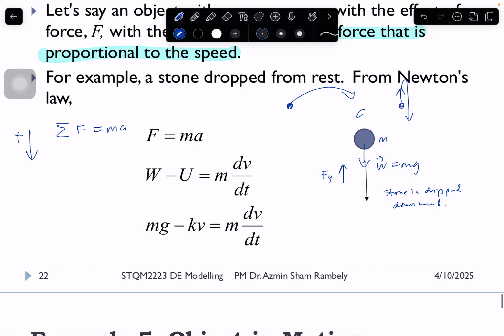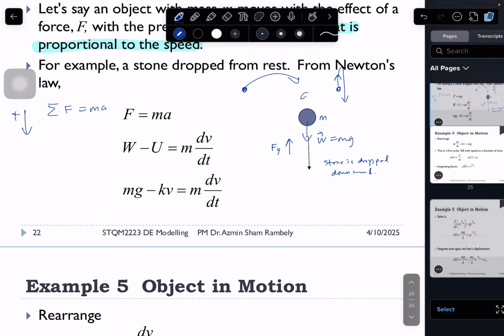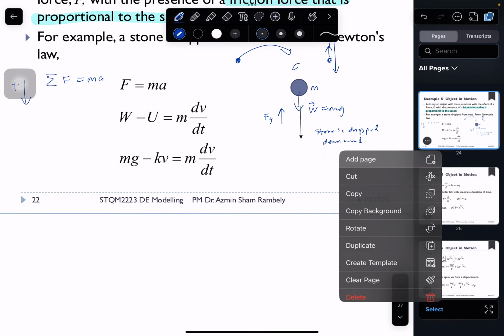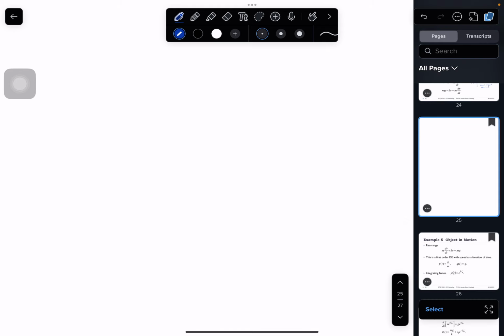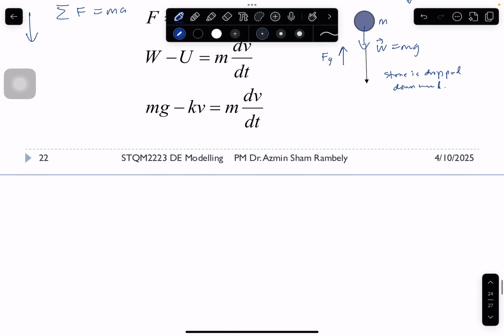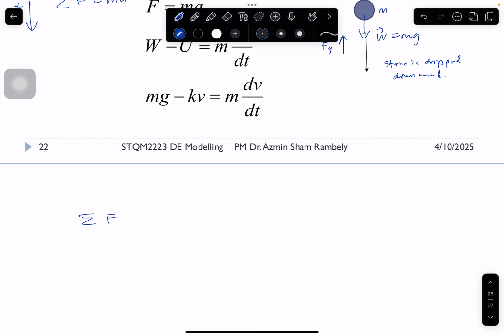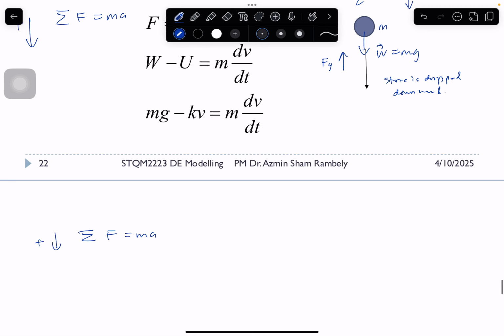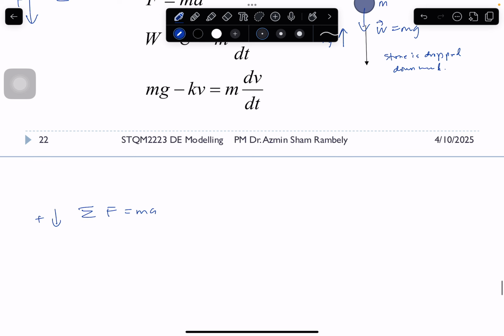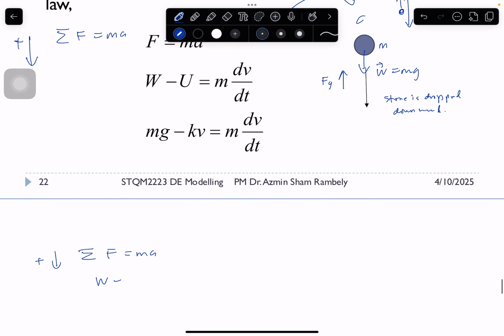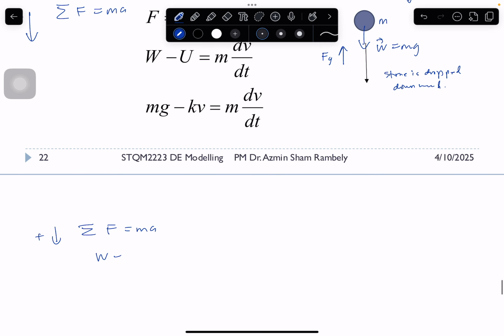Okay, so we have summation of F is equals to Ma. What F do we have? Going downward is positive. W is positive, going downwards. And what else? Friction, going upwards, so it is negative, minus Fg.